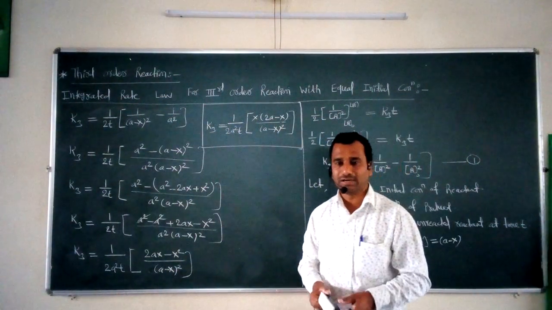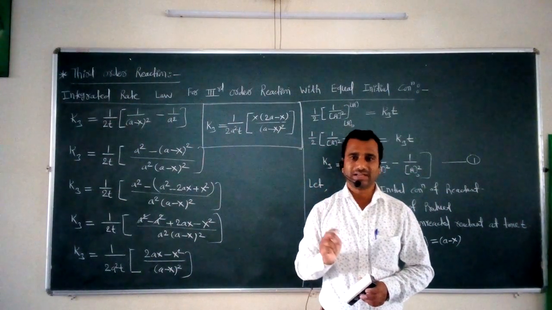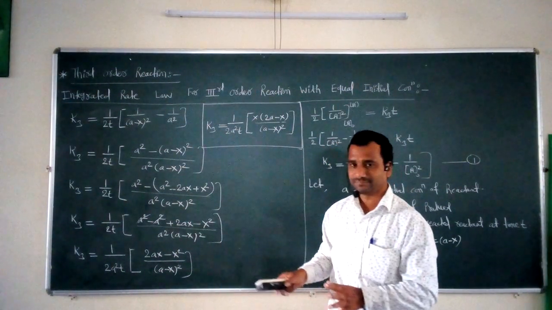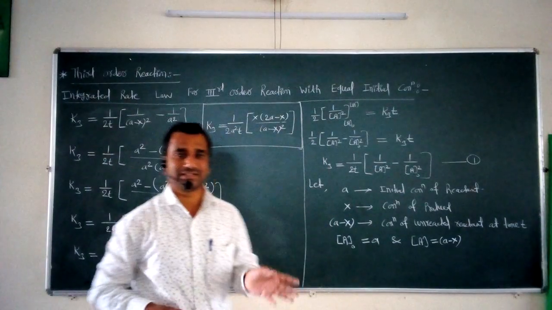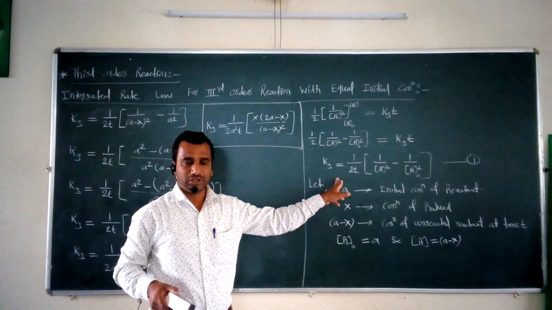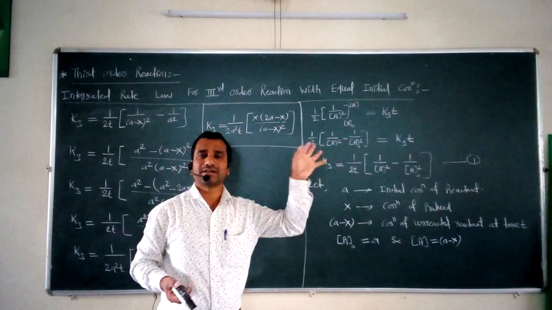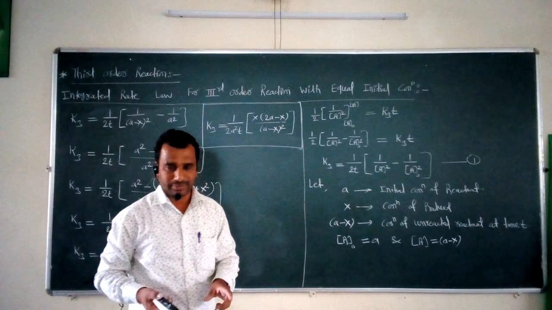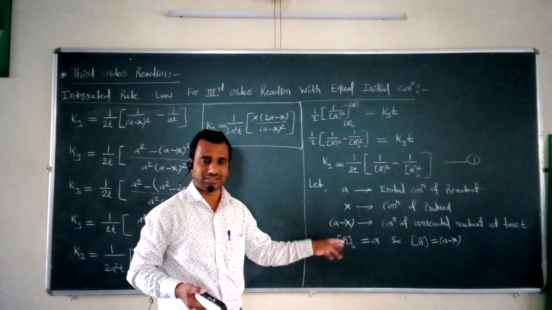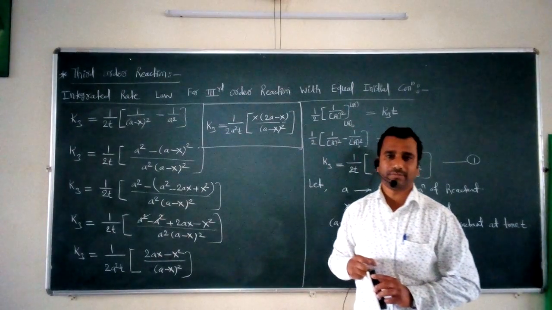For this purpose, I take a chemical reaction in which 3 moles of A give a particular product, and by using that general chemical reaction we derive first one equation for rate constant, that is k3. This equation is called the rate constant equation for third order reaction. Now this equation can be simplified. For this purpose, I take into consideration these 3 parameters a, x and a minus x. By using these 3 different parameters, at the last we derive this particular simplified form of a rate equation for third order reaction.